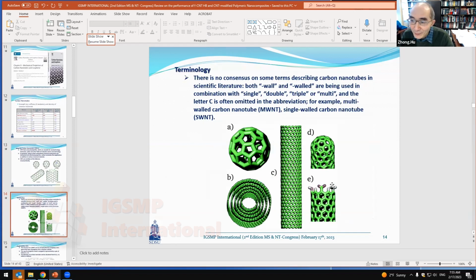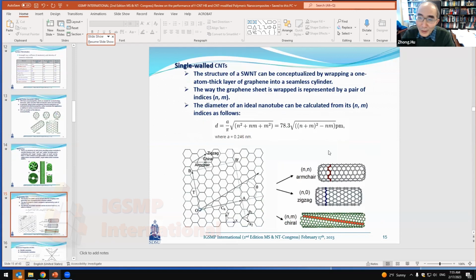For the carbon nanotube, usually we take the single wall carbon nanotube to define its differences in terms of the wrapping. For example, this one is armchair.